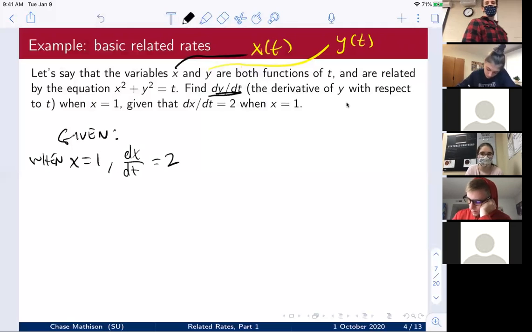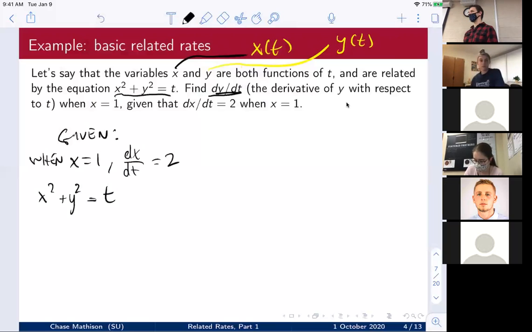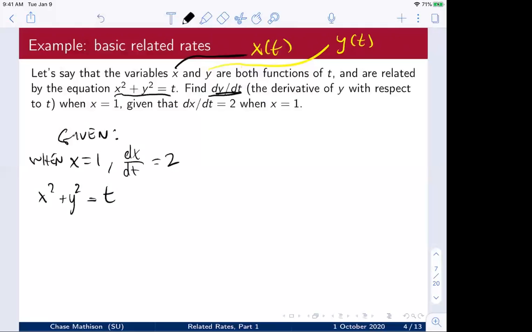We're also given that x squared plus y squared is equal to t. This is actually pretty rare. It's going to be very rare in these problems that you're given the relationship between the variables you're interested in. Most of the time, it's going to be up to you to do all the work to figure out the relationship between the variables. But here we're given the relation between x and y. One other thing that I forgot to write down is that we need to know that dx/dt is 2 when x is 1 and y is 1.